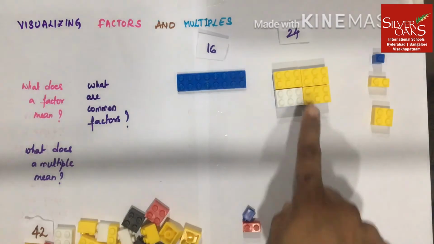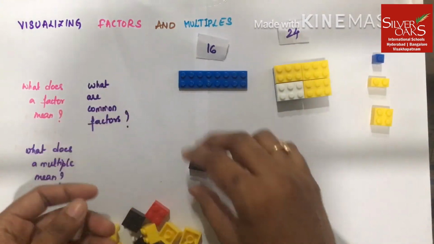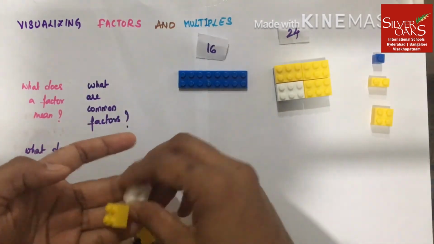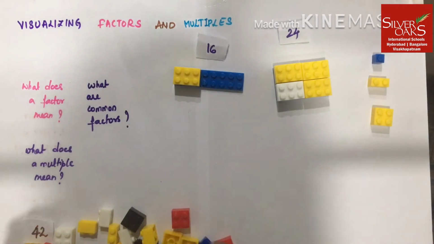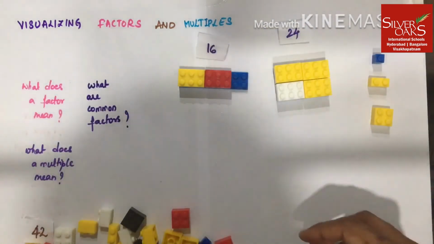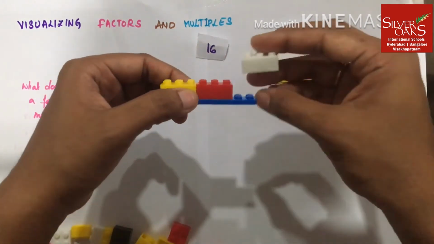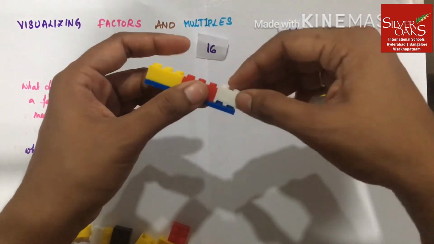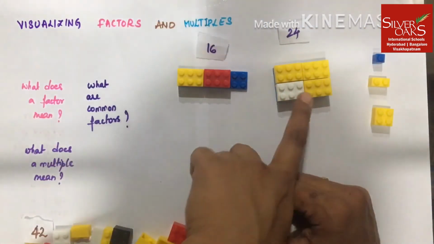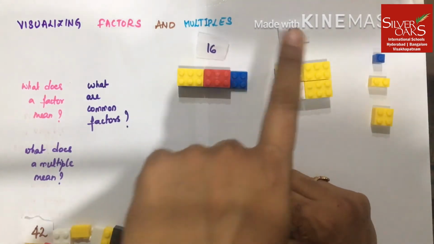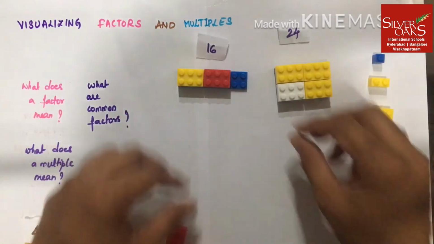So 6 is definitely a factor of 24, but we have to test our 16 too. First 6, second 6. If I have to fit my third 6, it won't fit, it is more than whatever I am left with on my 16. So 6 is a factor of 24, but because it is not a factor of your 16, 6 is not a common factor at all.